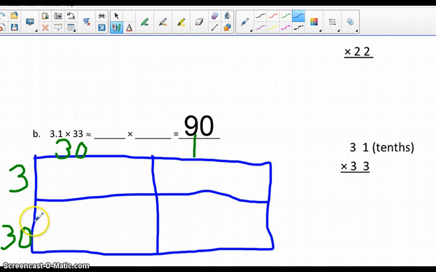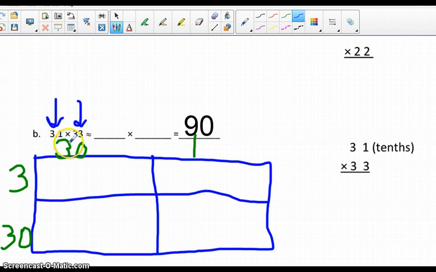Now when I set this up, I'm going to take 33 and break it up into 3 tens, or 30, and 3 ones for the 3. Now this one, I need to keep in mind that this is a decimal.